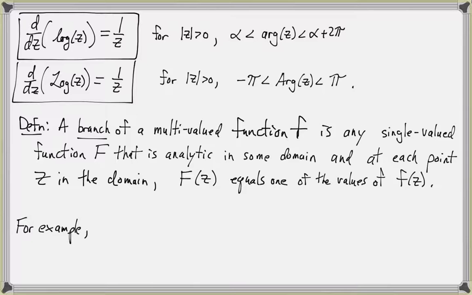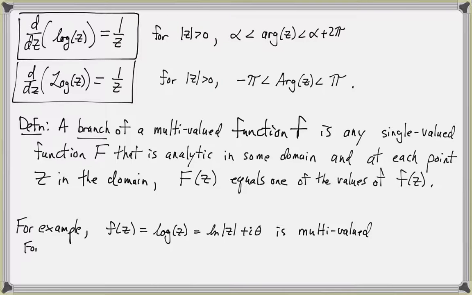So as I just mentioned, f of z equal to log of z is the natural log of absolute value of z plus i theta. This function is multi-valued for each value of the argument of z.